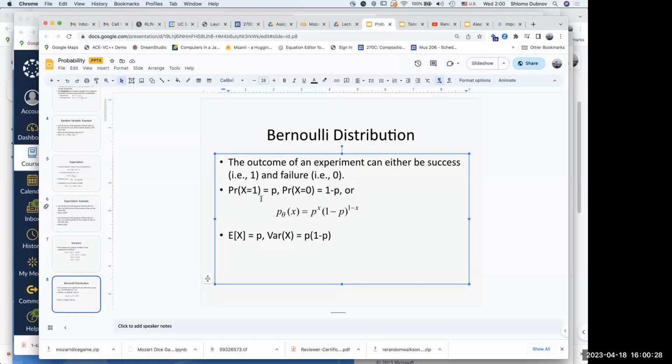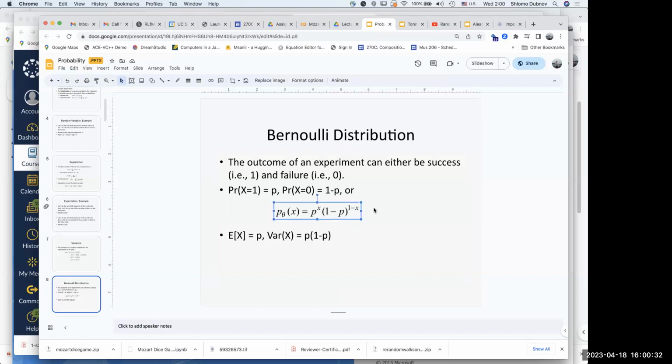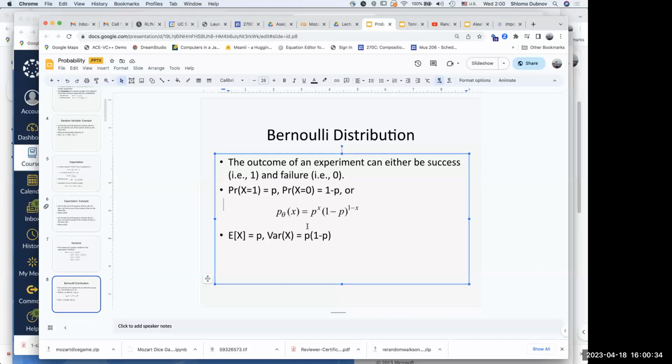And then if you have many events that happen, then you have p that repeats itself x times, or 1 minus p that repeats itself 1 minus x times. And this is the expression for the probability for the Bernoulli distribution.